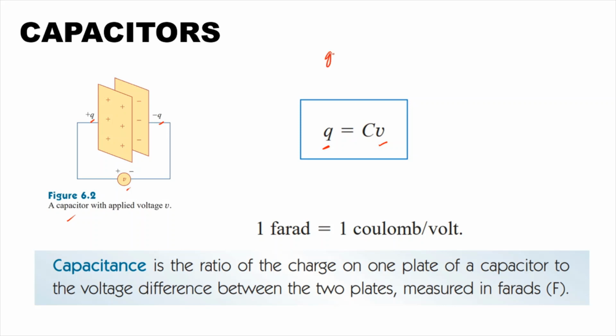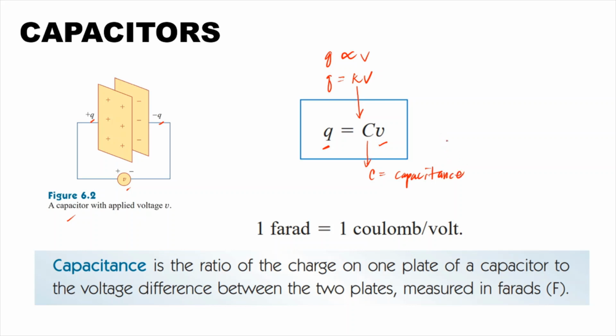So if Q is directly proportional to the applied voltage, para mapalitan itong proportionality sign natin, we should apply a constant. Ano yung constant natin na yon? The constant is actually C, the capacitance. May resistance, may capacitance.